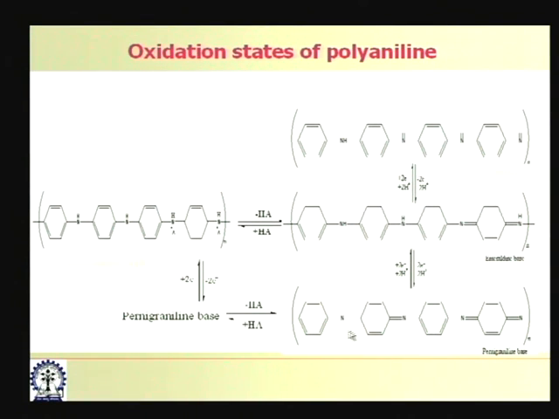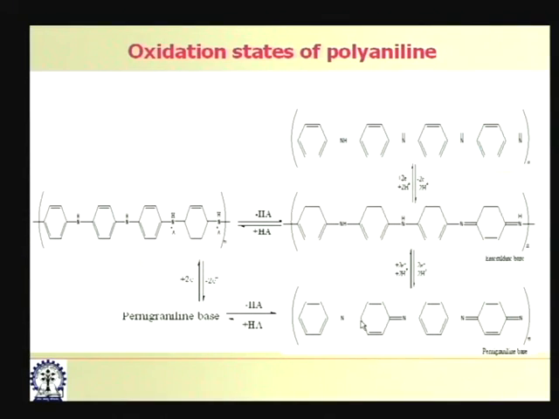So, this is the structure you see, single bond, double bond, single bond, double bond. So, there is long extended conjugation. But the conjugation is only inside the ring, no? So, how does the current flow from one end of the polymer to the other end?